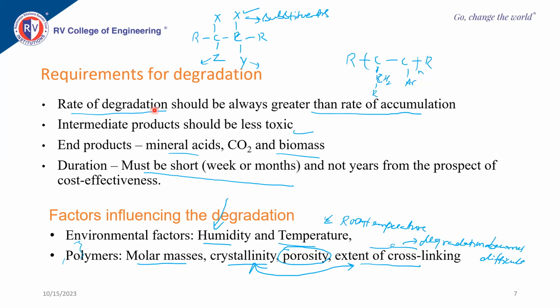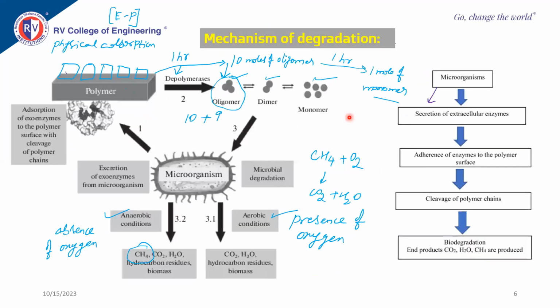Here, the rate of degradation should be greater than the rate of accumulation. Rate of accumulation means accumulation of byproducts. As I said, consider that every 1 hour, a certain portion of polymer is transforming to oligomer. If we assume that it is 10 moles, then it should be completely degraded in the next half an hour so that you have fresh accumulation of oligomers. Otherwise, what happens?